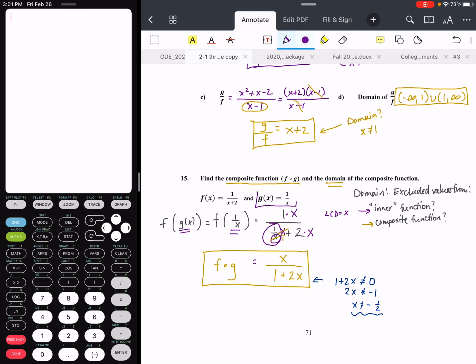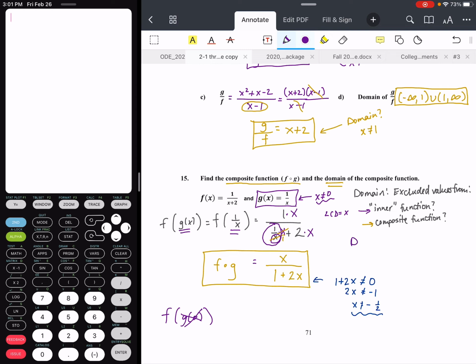And for g of x equals 1 over x, its denominator can't equal 0. So that means I have a second excluded value: x can't equal 0. Because if x equals 0, then when I'm evaluating f of g of x at 0, if I try to evaluate f of g of 0, g of 0 doesn't exist, right? 0 isn't in g's domain, so right there we have a problem. So I'm going to exclude not only negative 1/2, but also 0.